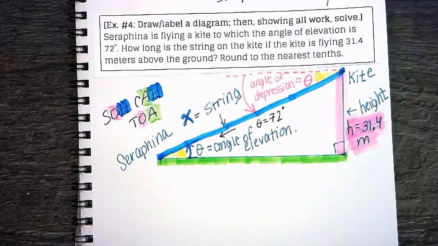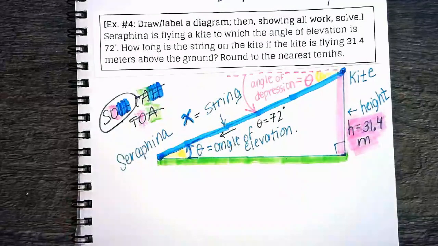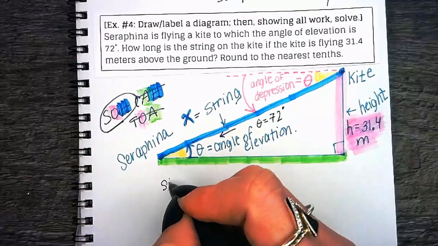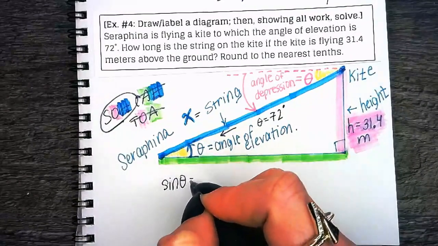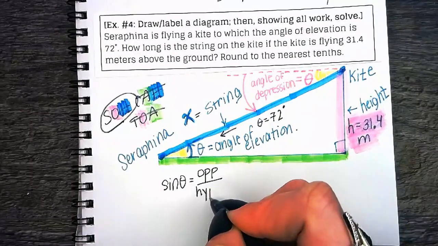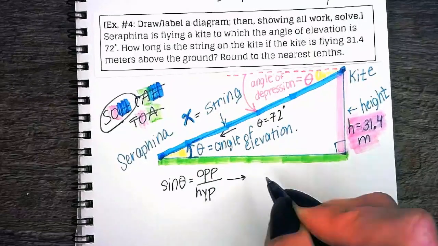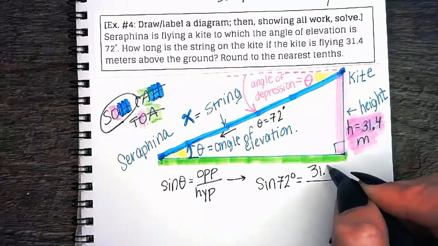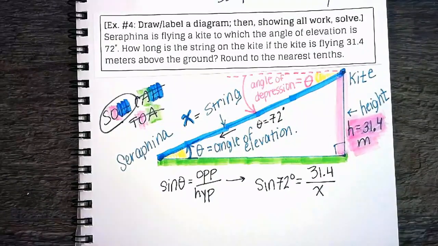So the trig functions that deal with the adjacent side need to be eliminated. This means we're going to use sine for this problem. Sine of theta equals opposite over hypotenuse. Now we'll fill in. Sine of 72 degrees equals 31.4 over x.